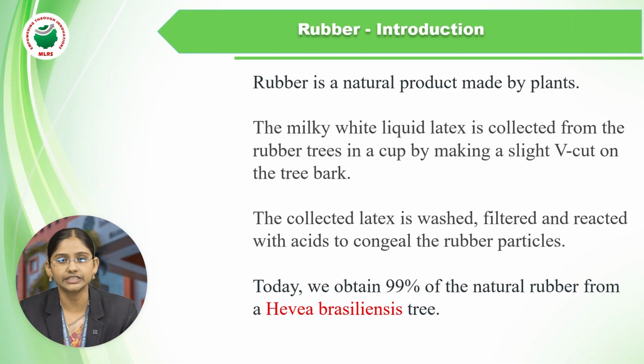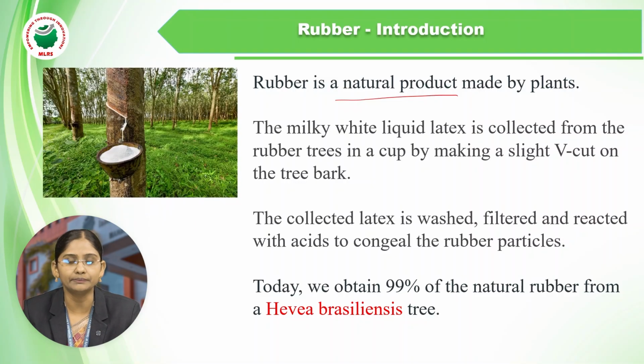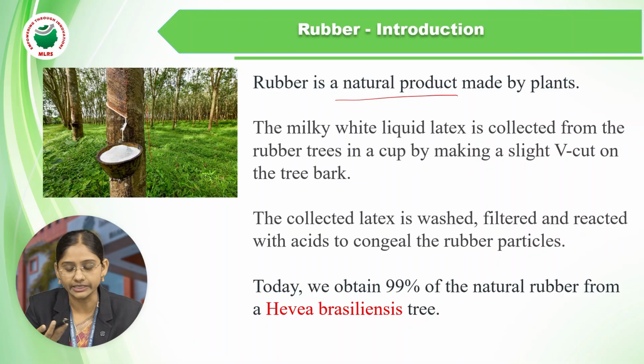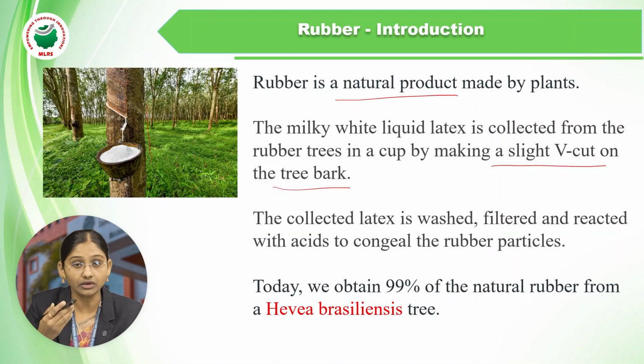So first, a small introduction to rubber. This rubber is a natural product which is obtained from the tree. Here in the picture we can see a rubber tree. A large number of trees will be there. On the bark of the tree, a small V cut will be made, and afterwards a cup is arranged.